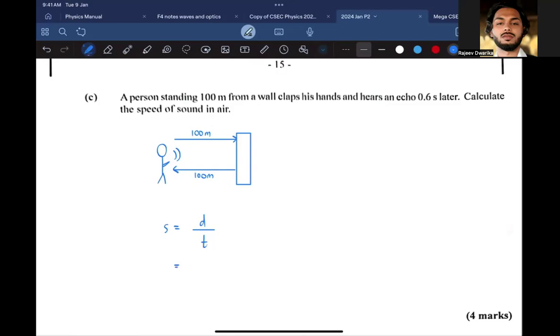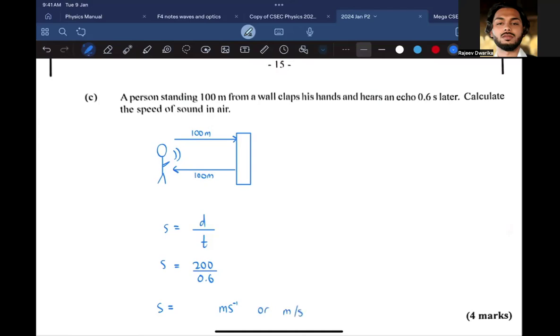The distance we have to travel is 200. The time it takes for you to clap and the sound to come back to you is 0.6. So plug that into the calculator. The SI unit for speed is meters per second, or m/s.